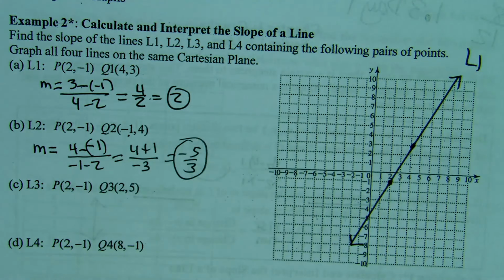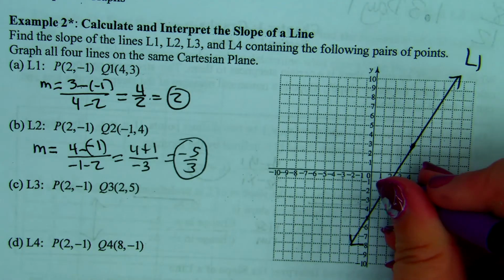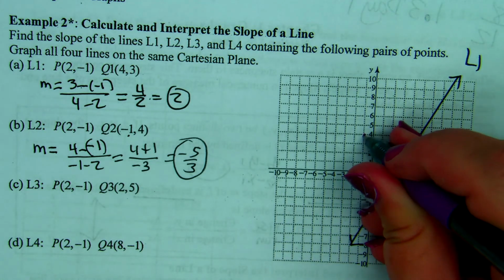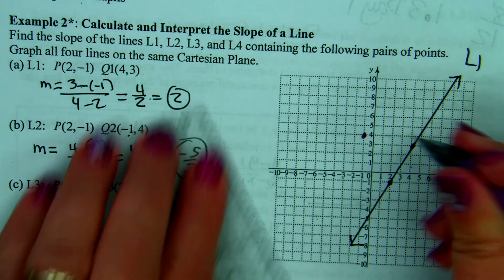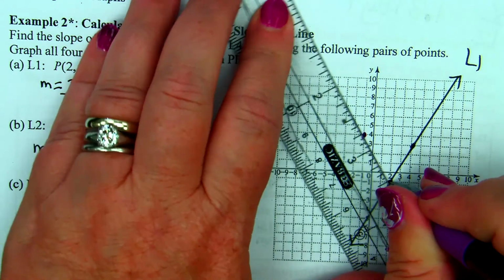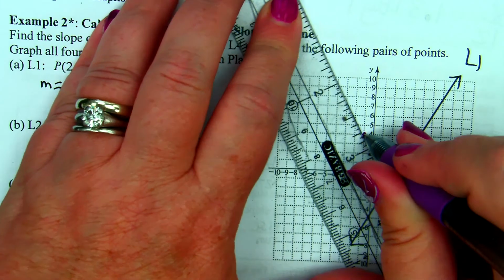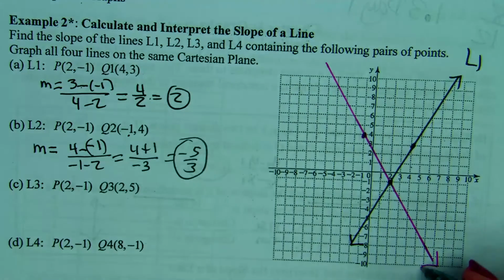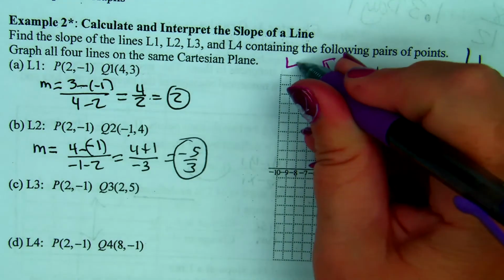So we'll do that one in purple. (2, -1) starts here, and it goes to (-1, 4). And the slope is -5/3. That's line 2.